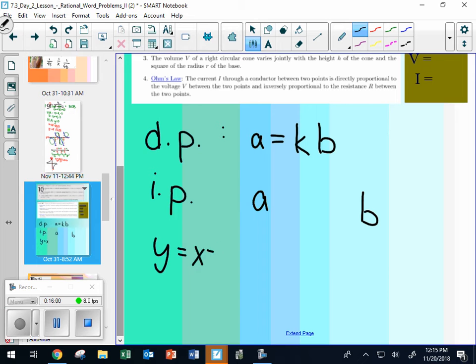X to the negative first. Or how else could I write that? 1 over x. So if two things are inversely proportional, that just means that one of your variables is equal to 1 divided by the other variable. And instead of a 1, there could be some kind of constant. So I'm going to use my K for constant again.